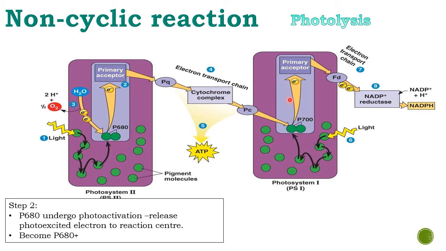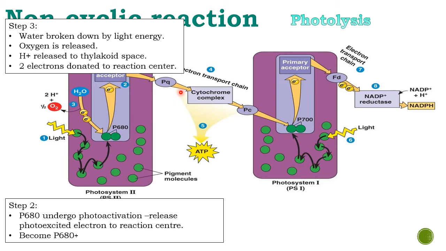Then, photolysis of water occurs to produce oxygen that will be released to the environment, hydrogen ions that will be released to the thylakoid space, and 2 electrons. These 2 electrons will be donated back to P680 plus to reduce it back into P680.